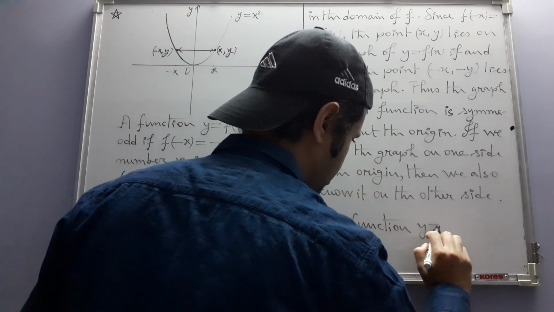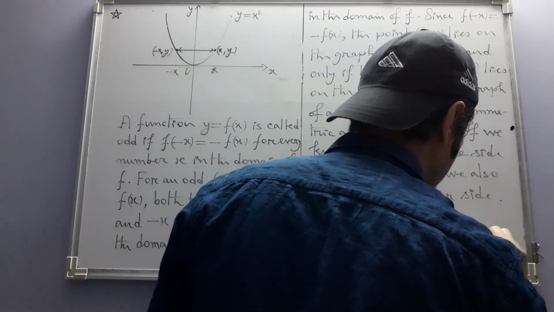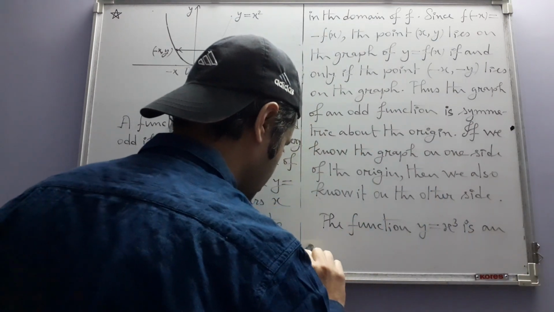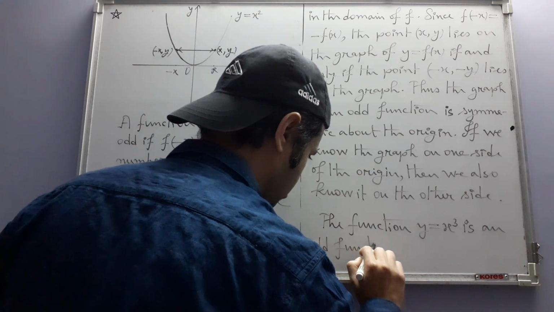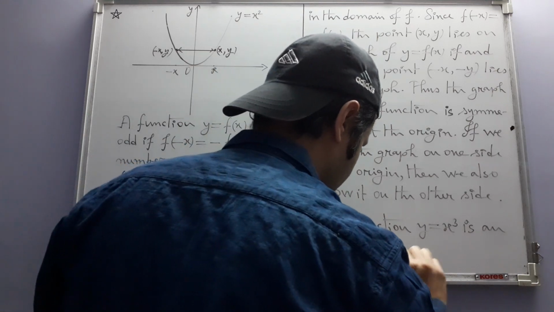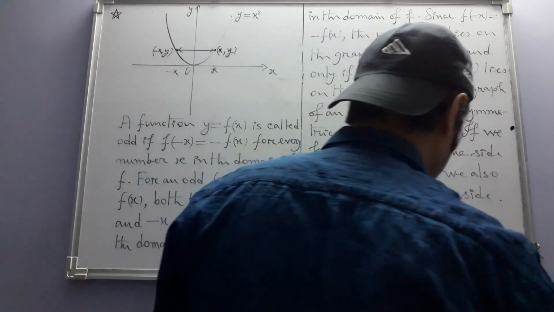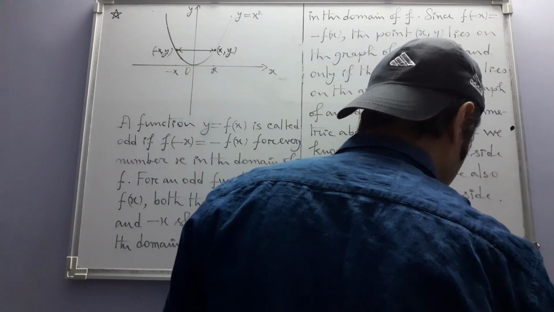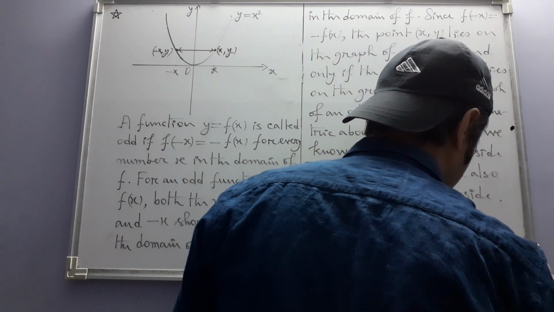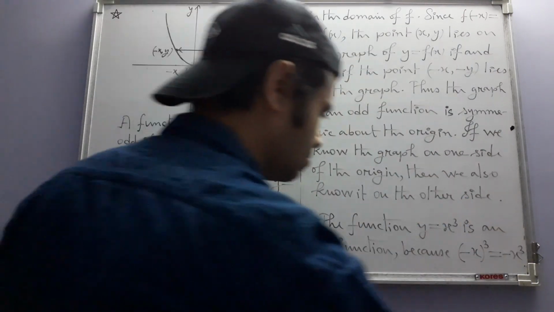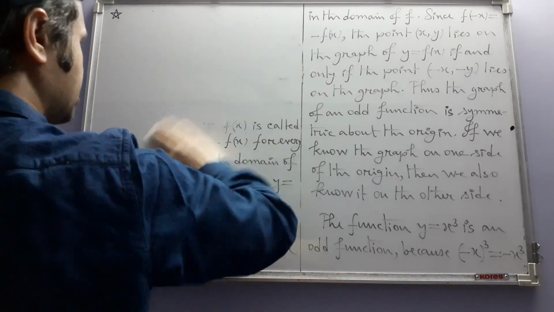The function y equal to x cube is an odd function, because minus x whole cube is equal to minus x cube for all real numbers x.